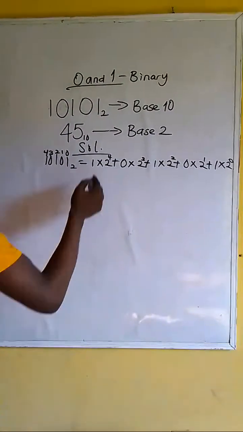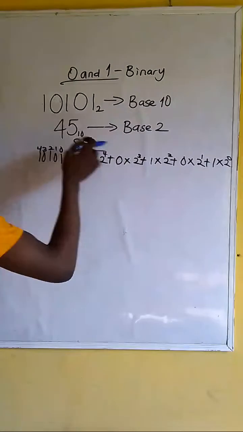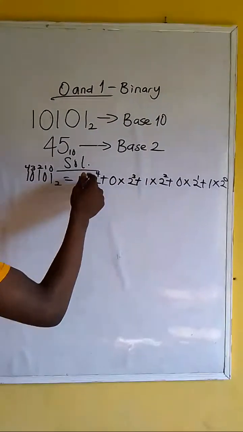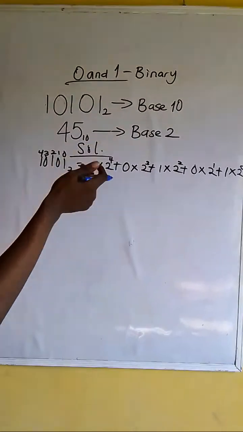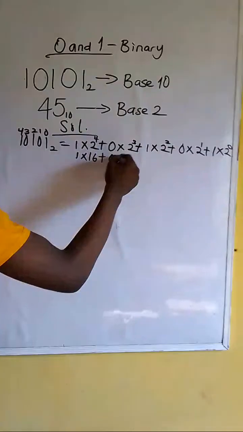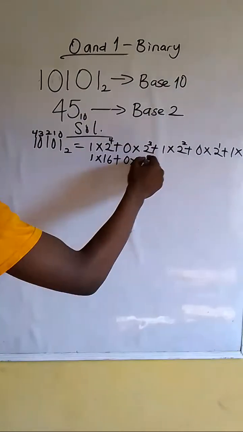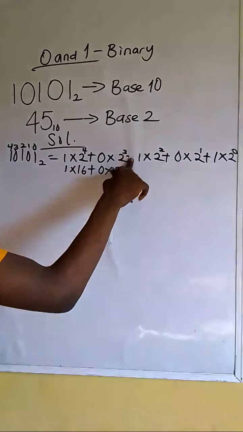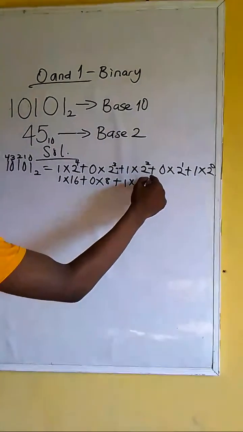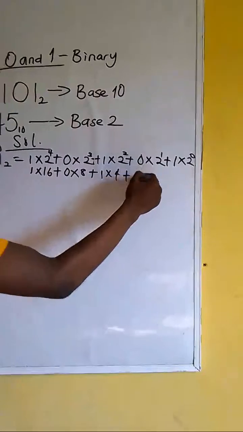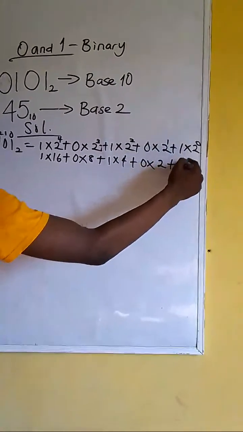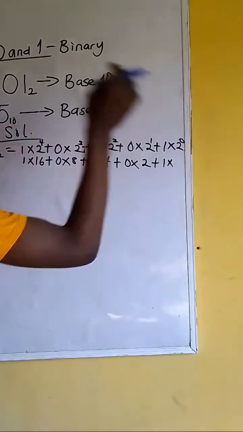So 2 raised to the power of 4 is 2 times 2 times 2 times 2, which gives us 16, plus 0 times 2 cubed, which is 8, plus 1 times 2 squared, that's 1 times 4, which gives us 4, plus 0 times 2 to the power of 1, that's 2, plus 1 times 2 raised to the power of 0.